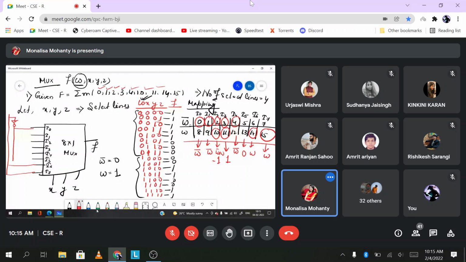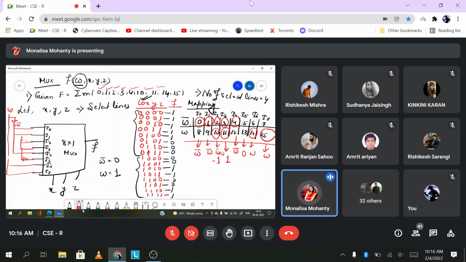I0, then I1 and I4. So this is W, this is your W bar. Then I2 and I3: logic value 1 is connected to I2 and I3. Then I5 has 0, so I5 is connected to 0.